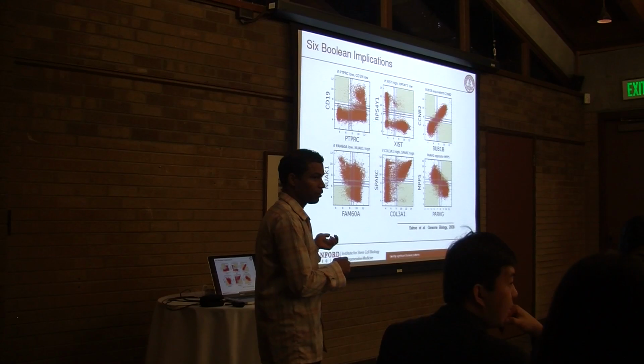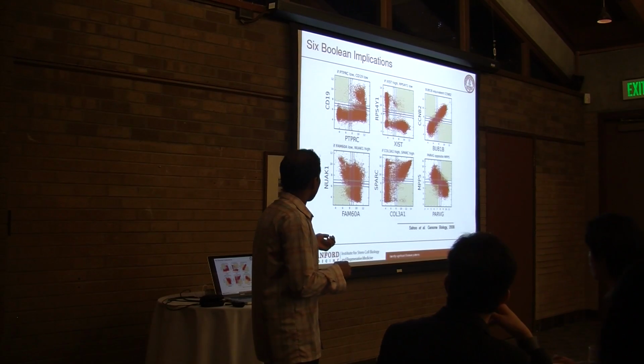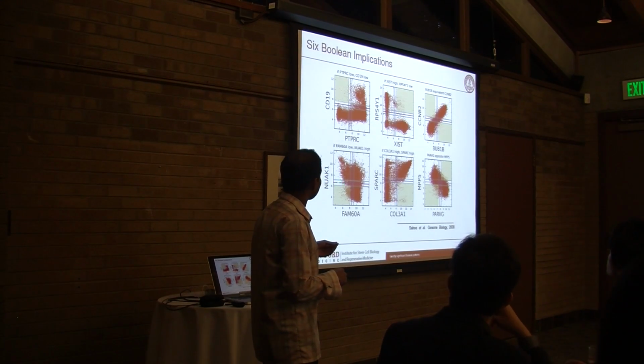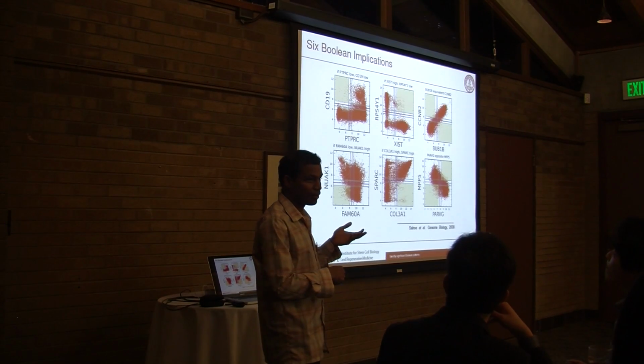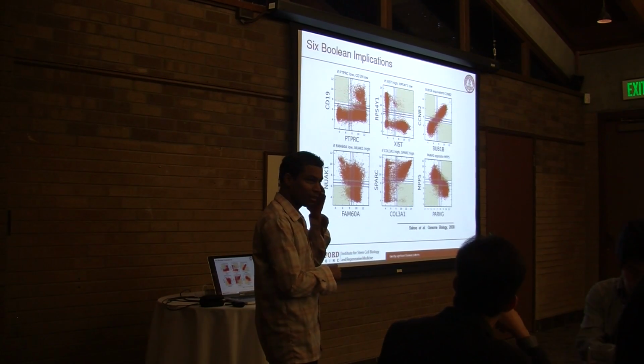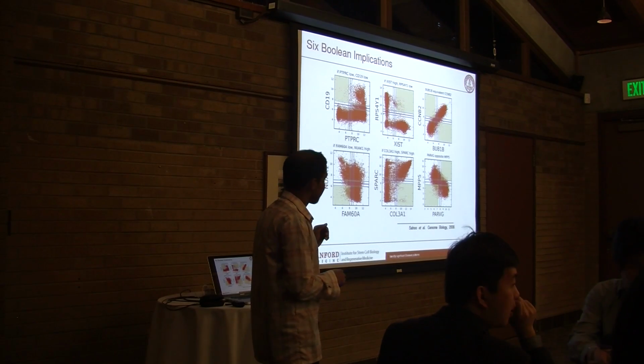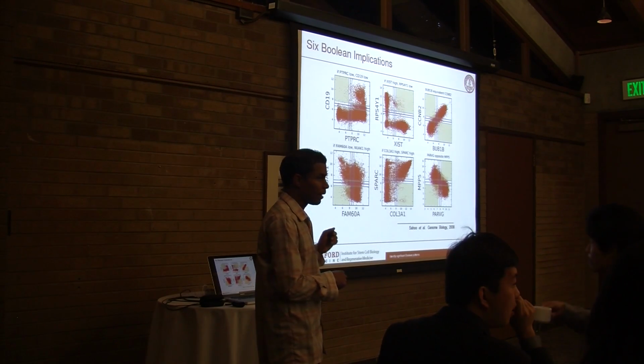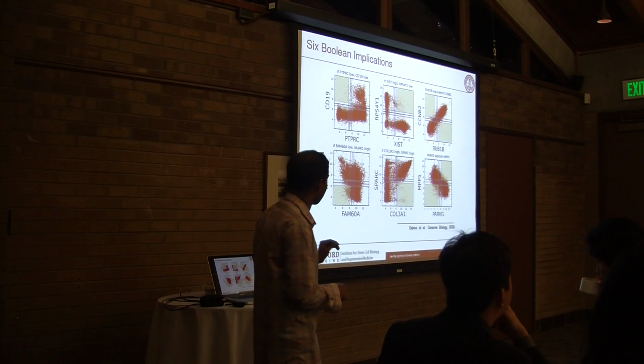Like the specific pairs that you choose? These pairs have a significant Boolean implication relationship because they have one sparse quadrant. Okay, but you don't choose them based on related functions? No. It's completely from the data.